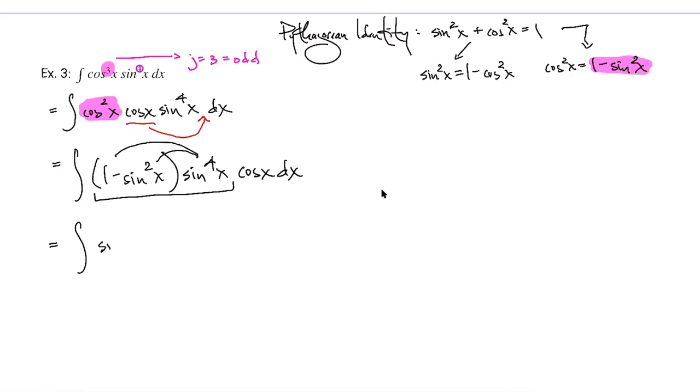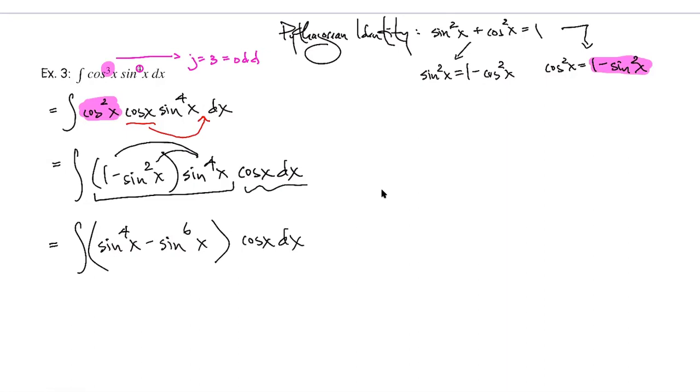That's going to give me sine to the 4th x minus sine to what power here? 6. Yeah, it's going to be 6, all right? So that 2 and that 4, because I'm multiplying the sines, I'm going to add the powers. So 2 plus 4 gives me 6. And then I've got my cosine x dx hanging out at the end.